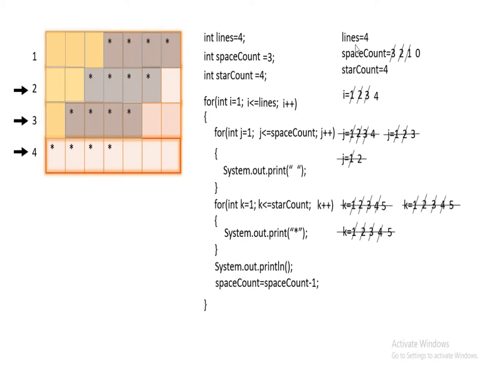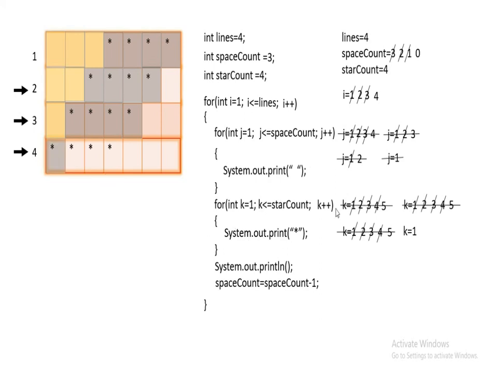Then go back to i++, i becomes 4, so line 4 is selected. 4 is less than or equal to 4, condition true, so it comes to this for loop. Now j equal to 1, but 1 is not less than or equal to 0, so nothing will be printed here, and end this for loop. Now comes to this for loop, k equal to 1, 1 is less than or equal to 4, print star.